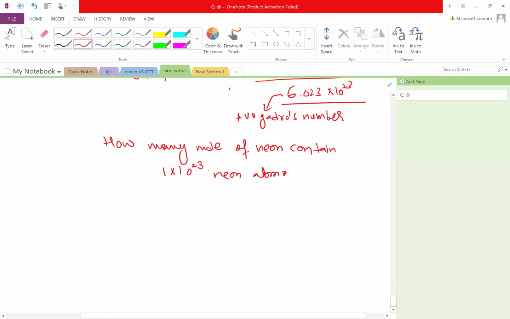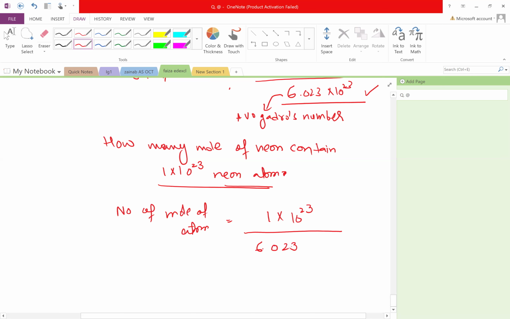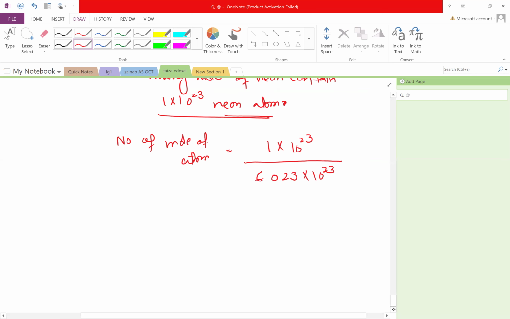The number of moles of an atom is equal to the number of neon atoms given, 1 into 10 raised to power 23, divided by Avogadro's number, which is 6.023 into 10 raised to power 23. Got this? So now calculate and tell me the answer. Then I will change the question.